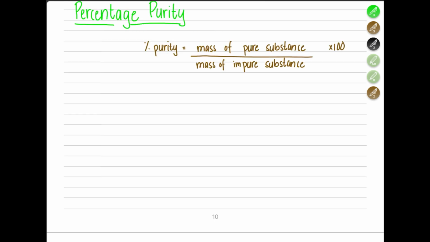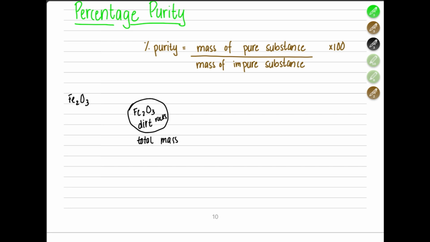Percentage purity basically means the mass of pure substance divided by the mass of impure substance, multiplied by 100. For example, if we talk about iron ore with Fe2O3, the ore doesn't just contain iron oxide. Let's say it has some dirt and some other rocks, so that increases the total mass of the impure substance.